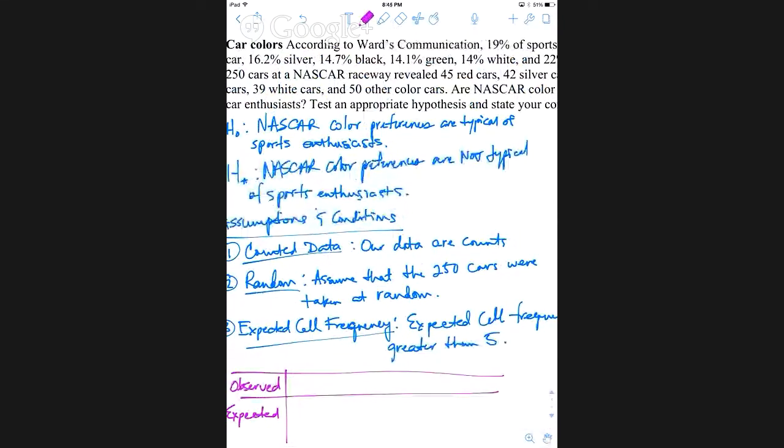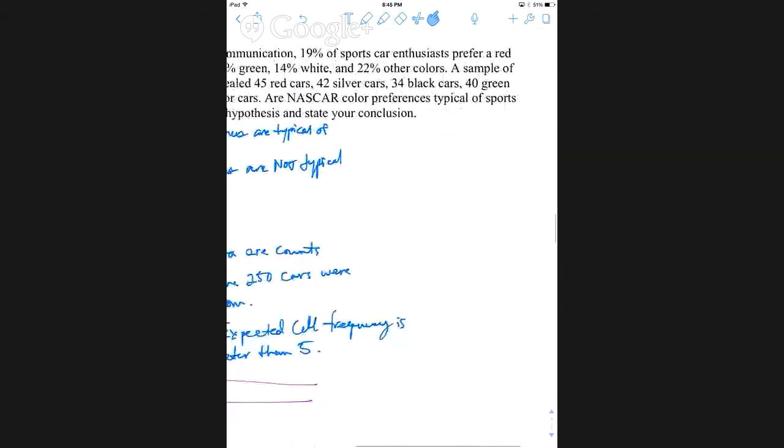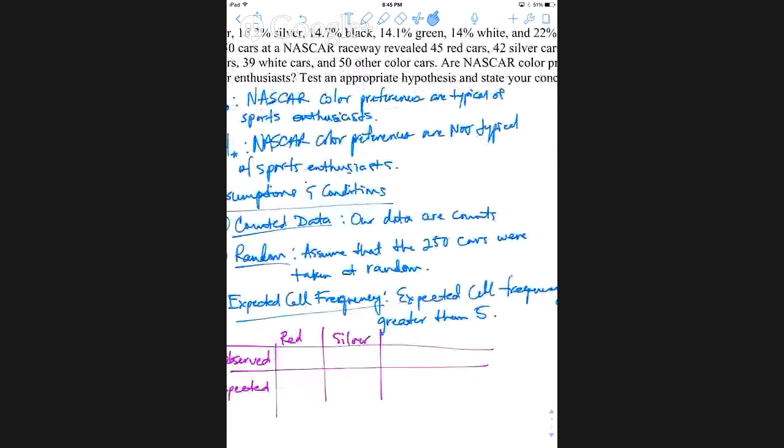We have red, silver, black, green, white, and other. I'm going to need a total of that too. We're going to write those in here though.